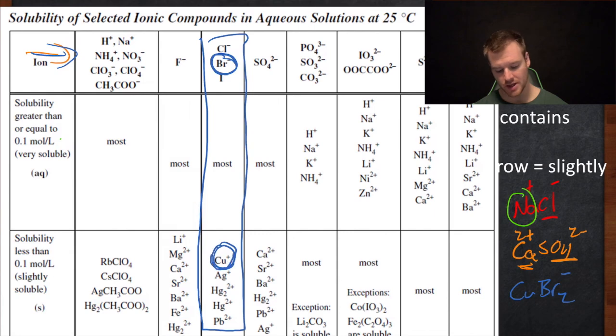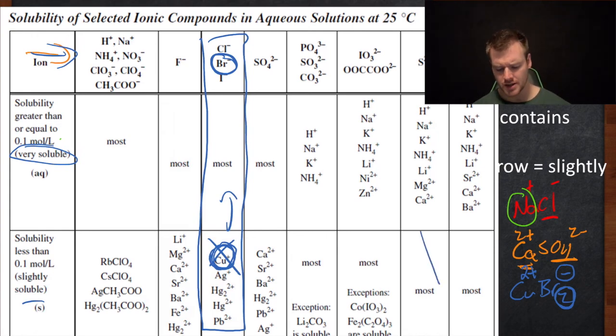And it says when it's bonded to the +1, it is slightly soluble. When we look here, there's a negative, but there are 2 of those bromides. So that means the copper must be 2+, which means it is not that one, which means it's in here and it is very soluble. So that's one that's kind of tricky. Make sure you pay attention to which of the multivalent charges it has.